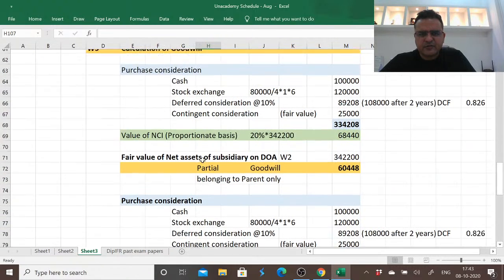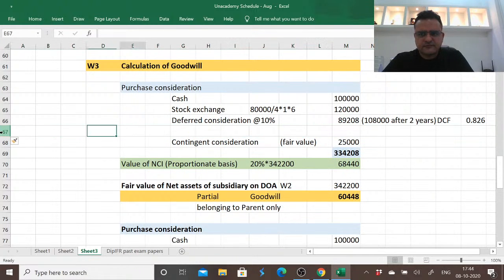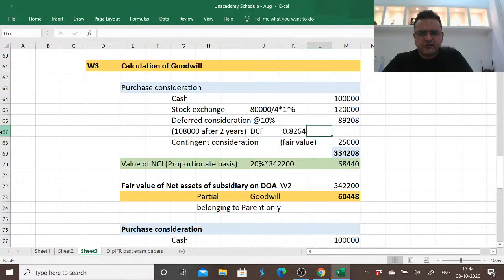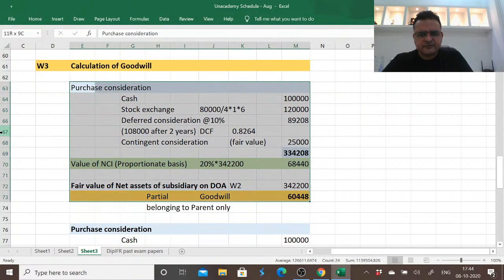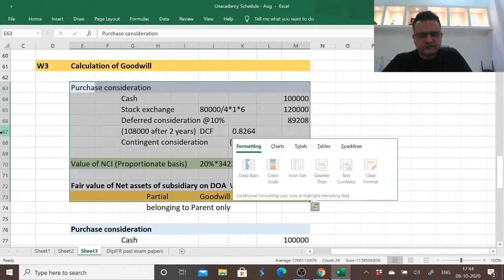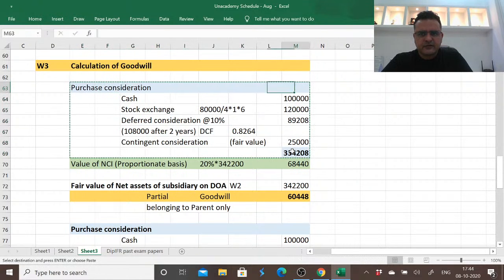Otherwise the same thing which is being presented on proportionate basis in this manner used to be presented like: purchase consideration, same.